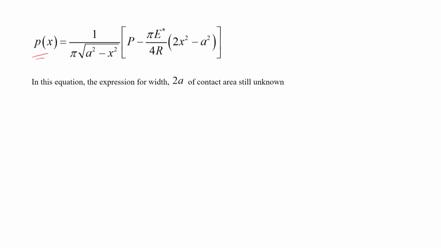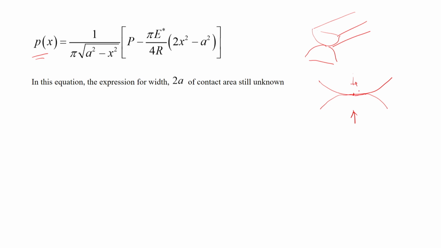In order to find that, we have to consider once again physically what exactly is happening. We have these two cylinders in contact over here, and we have applied some amount of load. The contact point will be something like this, and when you apply the load, the pressure should be maximum over here and should decrease.